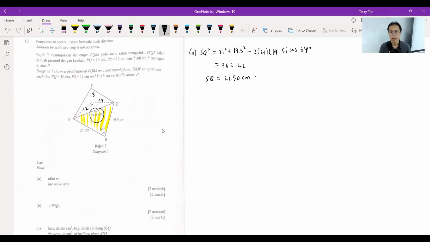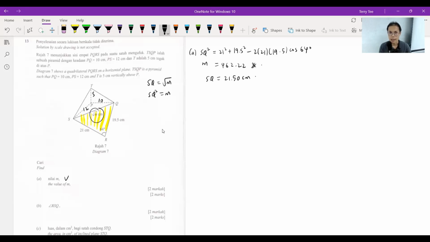SQ is the square root of M. So if SQ is the square root of M, which is 21.50, that means M is 21.50 square. SQ square is just M, right? So I just write M as this. So I basically answer the question for part A, to find nilai M.